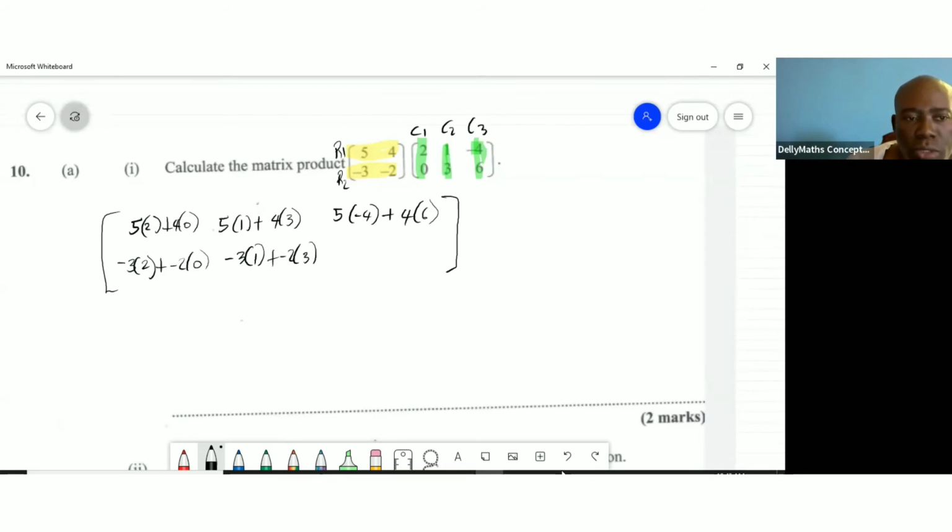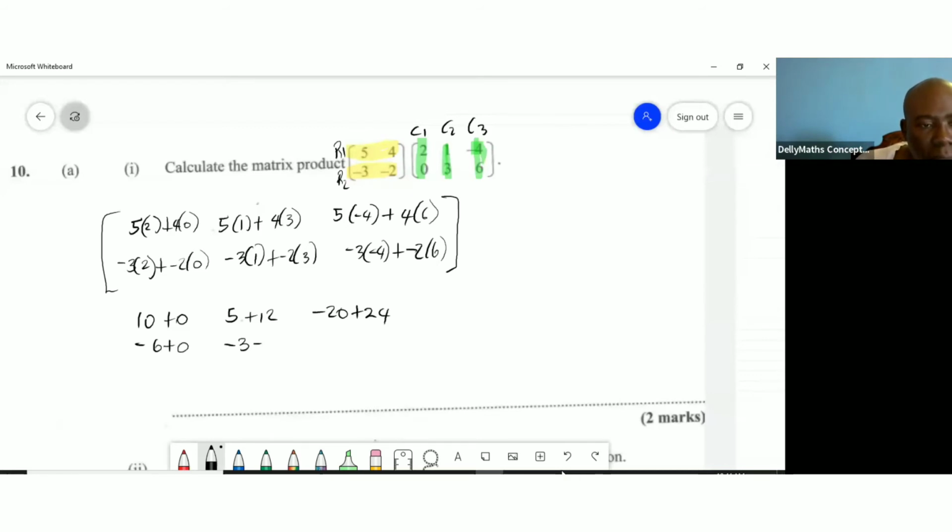Still with row 2, -3 times -4 plus -2 times 6. Now, putting it together: 10 plus 0, 5 plus 12, -20 plus 24, -6 plus 0, -3 minus 6, -12 minus 12.